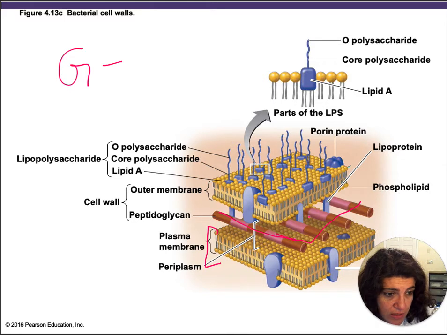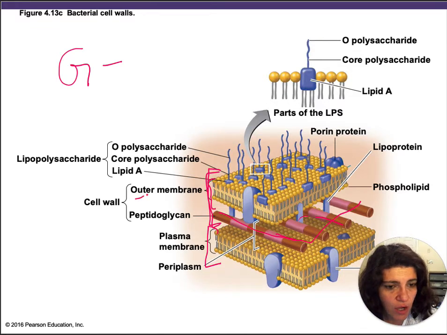You see the candy canes here? And then right on top of that you have another layer. All this is cell wall, right? This is the plasma membrane, and on top of it you have the cell wall. And all this is also made of an outer membrane.